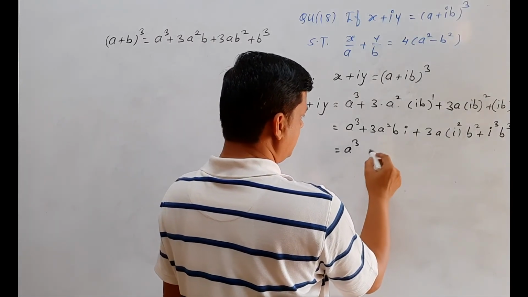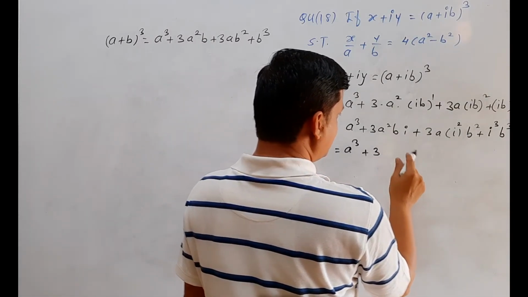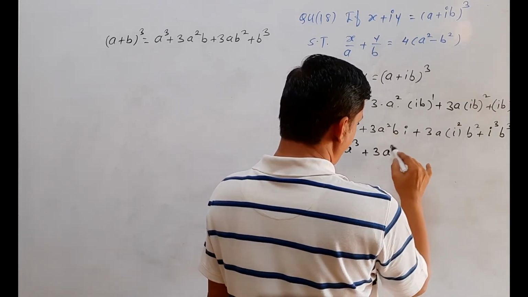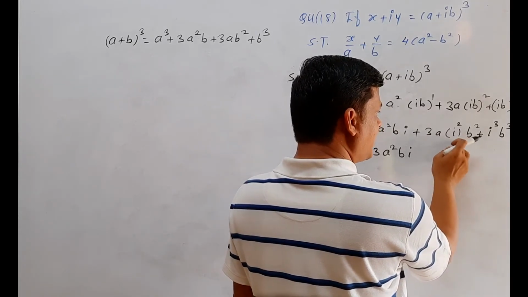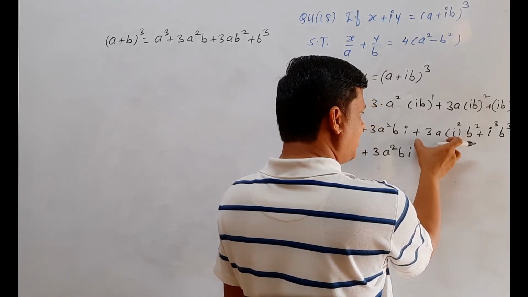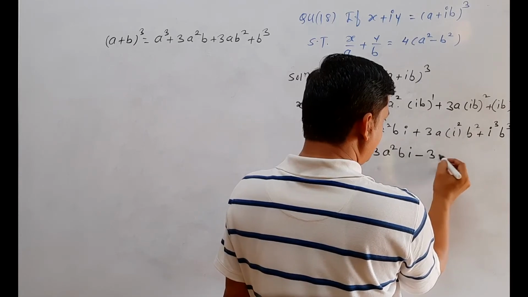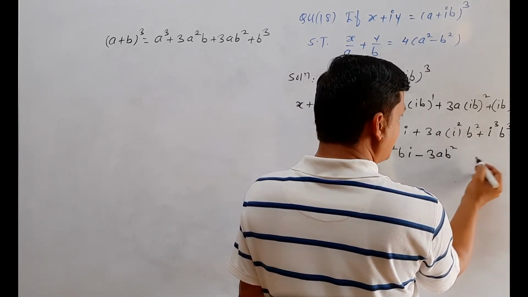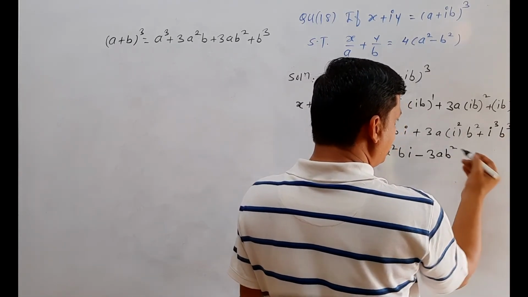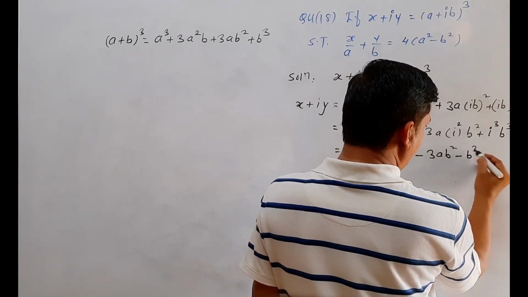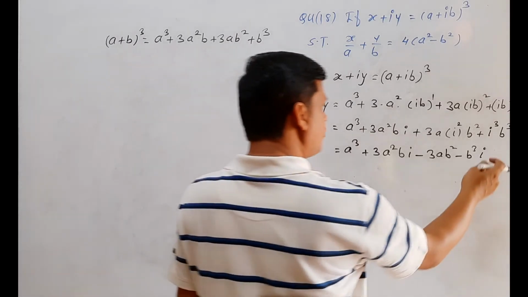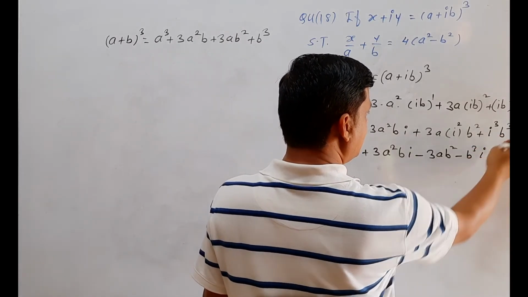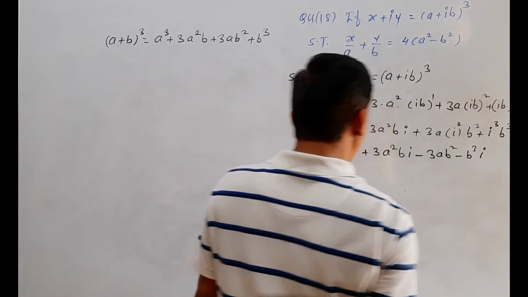Here a cubed plus thrice a squared b. i squared is minus 1, so we write i squared as minus 1 and its sign changes, so we write minus 3a b squared. Then i cubed is minus i, so we write minus b cubed into i cubed is minus i, so minus times minus, we write b cubed first, then i.